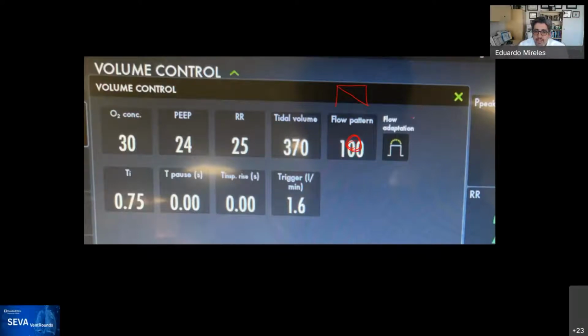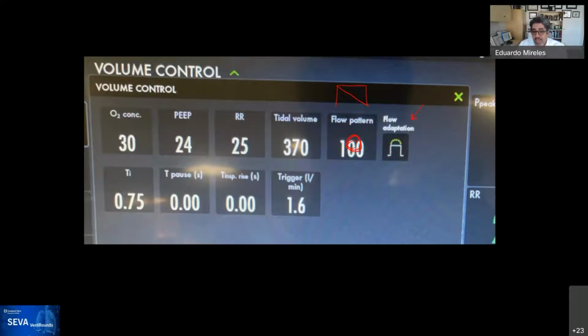And then there's this button that says flow adaptation. If you click it, you can see this little dotted line on top that activates the dual control. Nothing will tell you on the screen that this has been activated unless you go all the way in here. Now, in some of our ventilators in the ICU, this button is disabled.